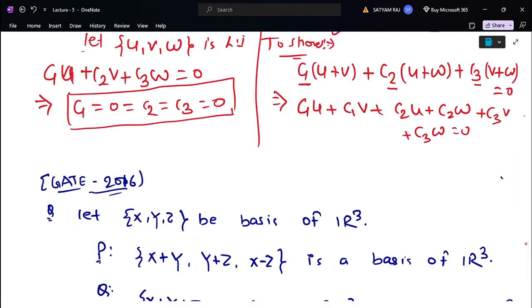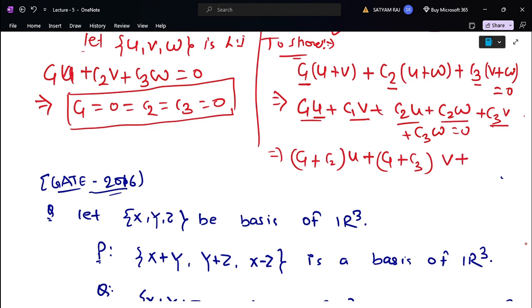Now if we solve it, we can take u common from here and from here, so it will be c1 plus c2 times u. Similarly, we can take v common from this term and this term, so it will be c1 plus c3 times v, and we can take w common from this term and this term, so it will be c2 plus c3 times w, and it is 0.